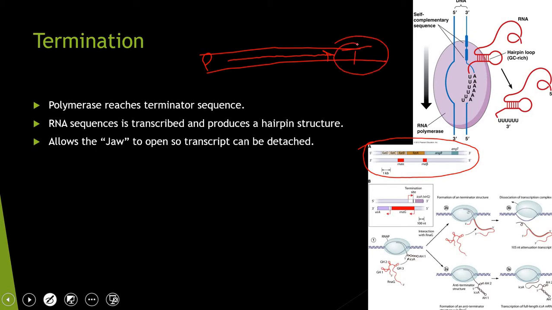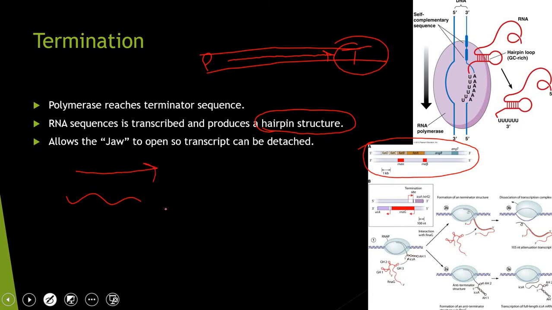Once that polymerase reaches that terminator, just like the movie The Terminator, that RNA transcript forms a hairpin structure. Why does it do this? It forms this hairpin structure to allow the jaw to open. And once the jaw opens, that transcript is detached and it can go about its life.